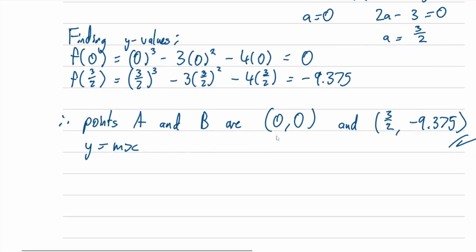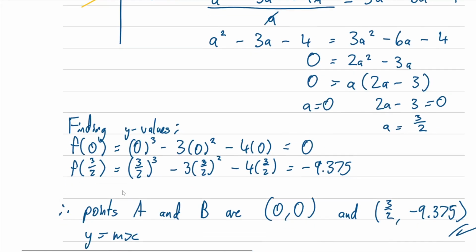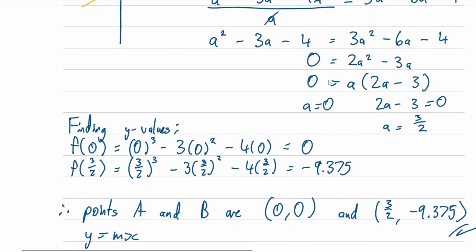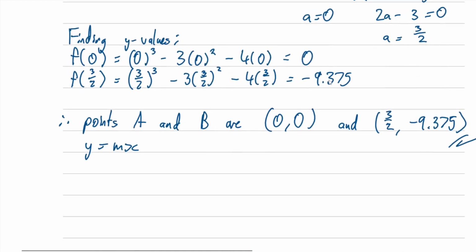Here we go. So all we need is the gradient of the tangent, right? And we know the gradient function up here. And we worked out the x values of points A and B, so we can substitute them in for x to find the gradient. So it's 3x squared minus 6x minus 4.